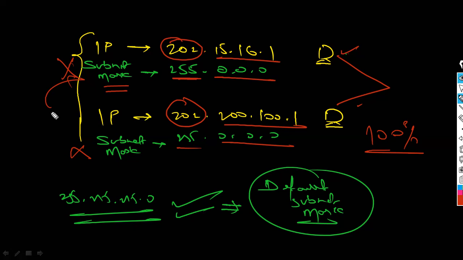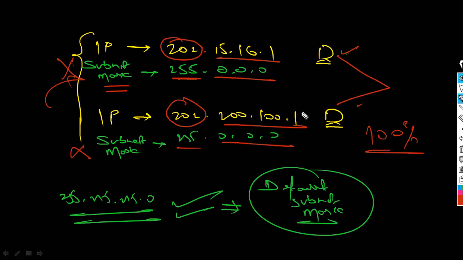We never use the default mask over the internet. In a private network, in your local area network, in your enterprise network, probably you may go with the default subnet mask, no problem. You can change the subnet mask in your private network also. But over the internet, 100% you will see a custom subnet mask, not the default subnet mask.